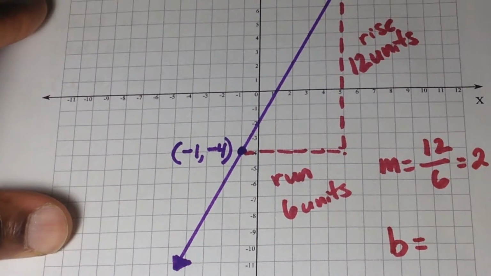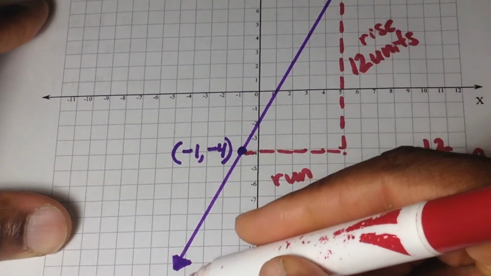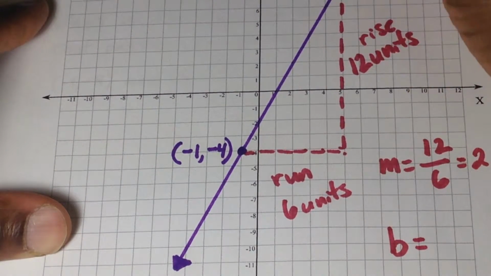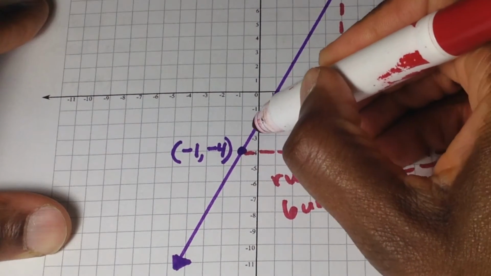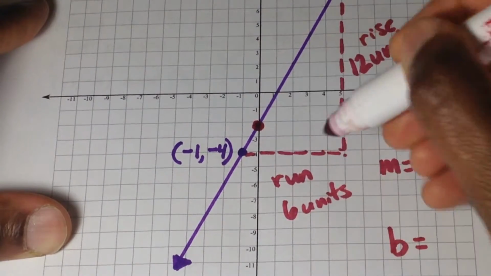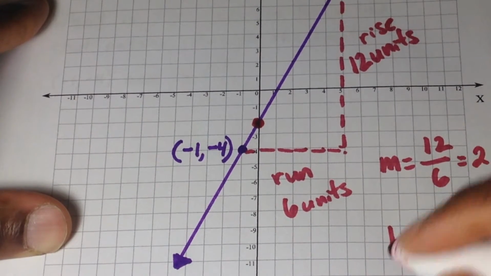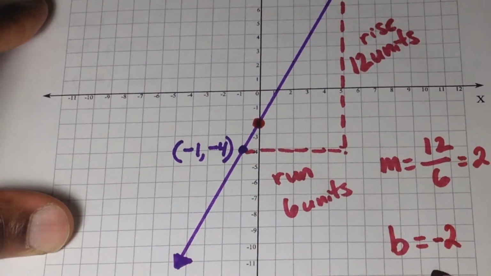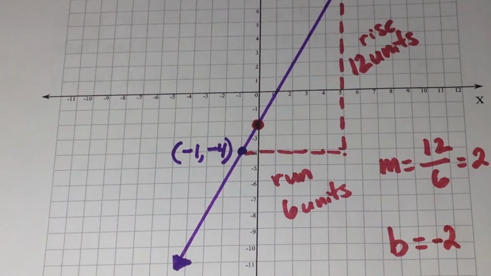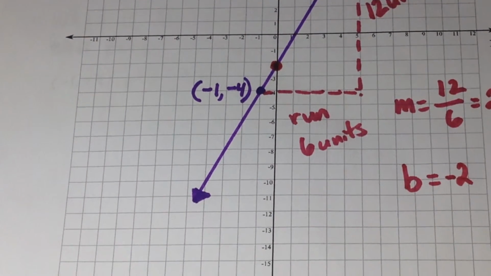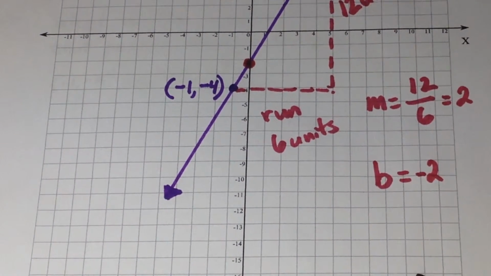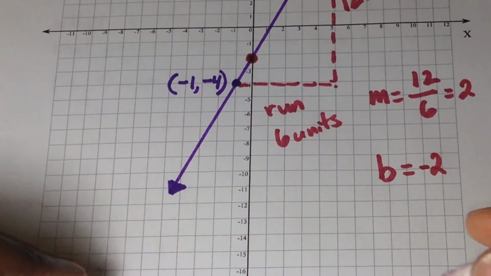The y-intercept is where the line crosses the y-axis. Here's the y-axis, and this line crosses the y-axis right here at -2. Remember we said that we need the slope and the y-intercept in order to make the equation.